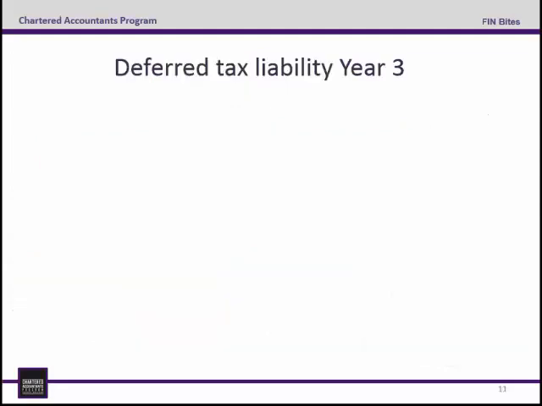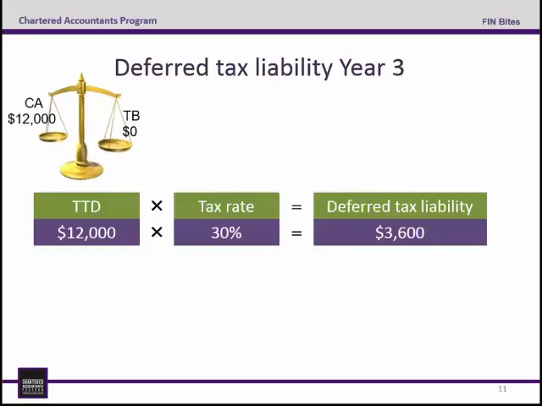Let's look at the deferred tax liability at that time. We've got our taxable temporary difference of $12,000. So the carrying amount is $12,000 because we've got a cost for accounting purposes and tax purposes. The cost was $21,000 and we've claimed $9,000 in accounting depreciation expense.